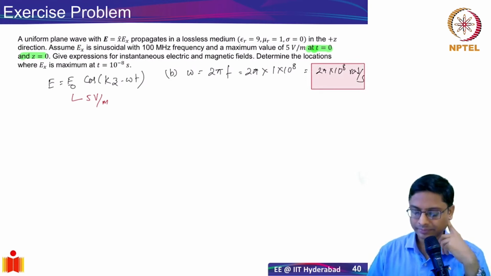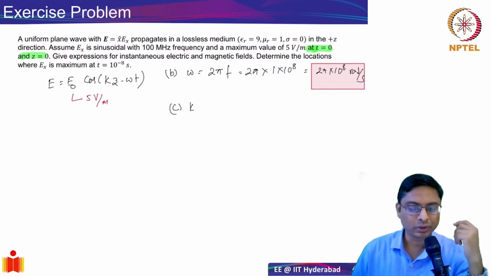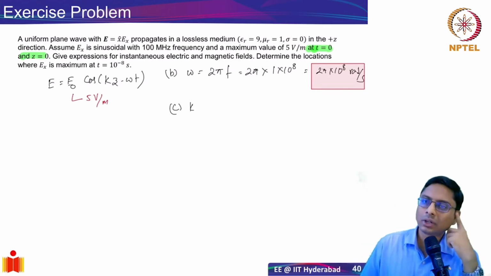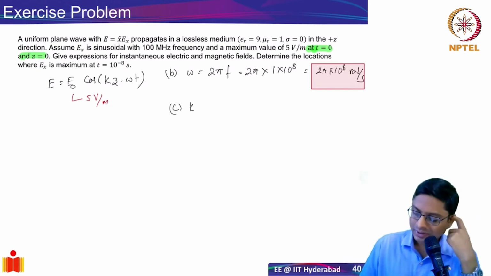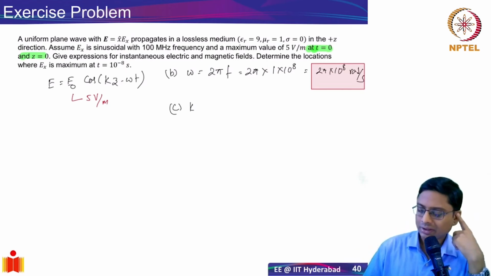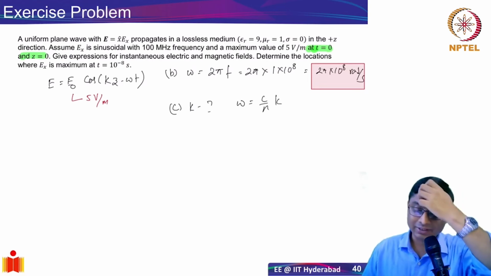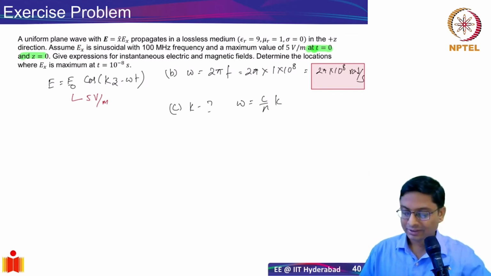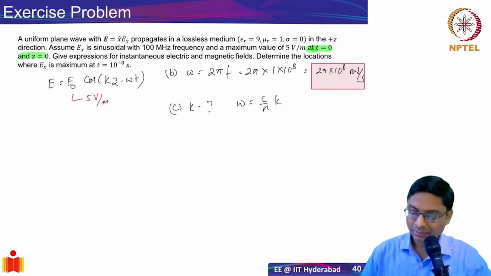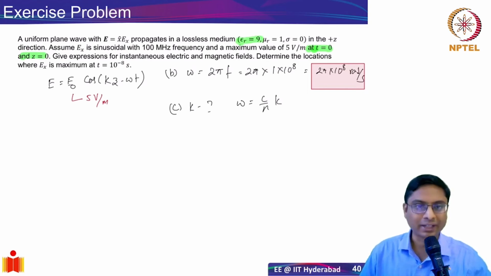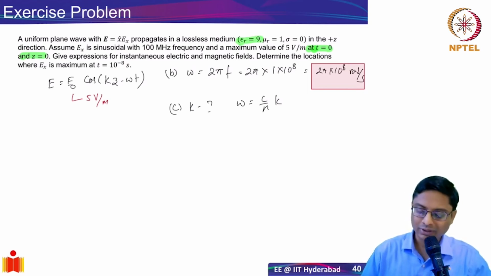All right. Now my wave vector k, what is this going to be? How do we calculate it? Well, we know that omega is basically c by n times k, if you have a certain refractive index. Why do I take refractive index here? The reason is we are given that this medium has epsilon r of 9. Okay, and we already saw that n is equal to root of epsilon r.